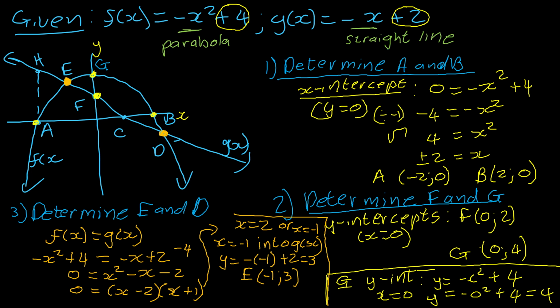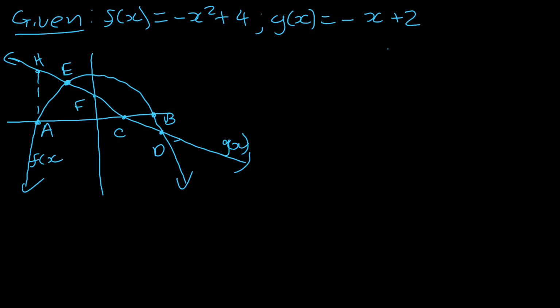If we do the same for the x value of 2 that we got, and we substitute that into g of x to get the coordinate of D, we would say that y is equal to negative 2 plus 2, which would give us 0.